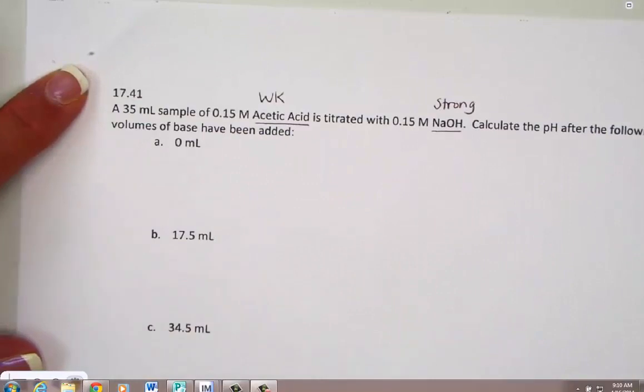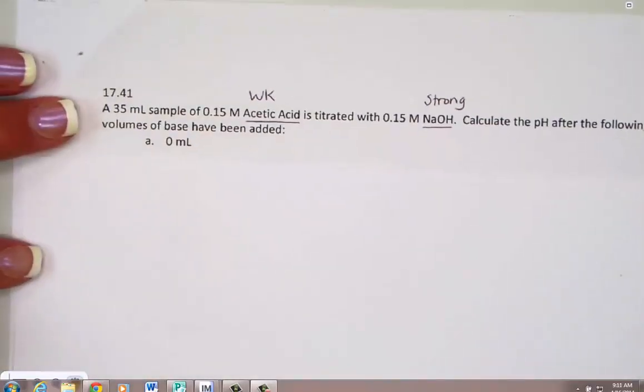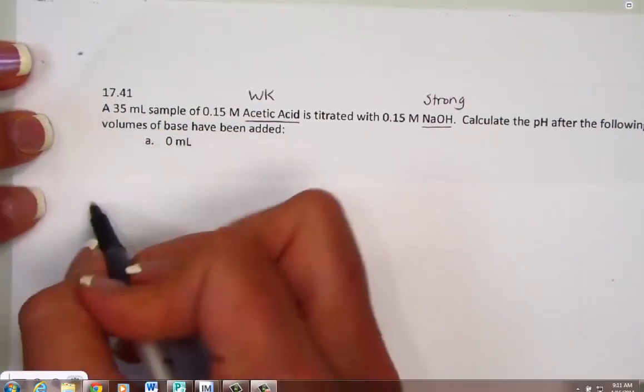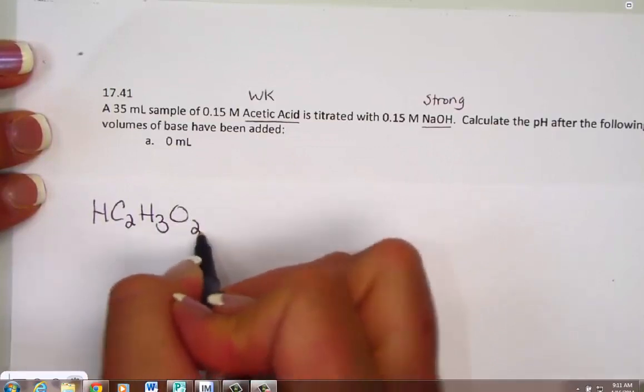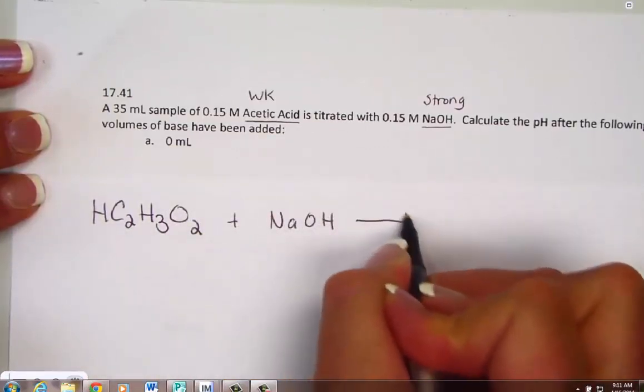So let's take a look. I'm going to work again on a separate sheet of paper just to give myself a little more room. We have a pretty straightforward Ka problem, looks like here. So let's see. We have acetic acid being titrated with sodium hydroxide.